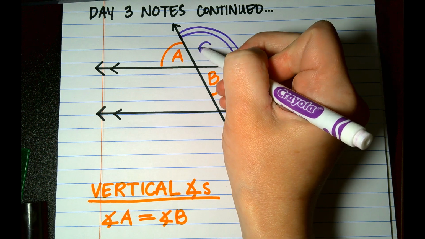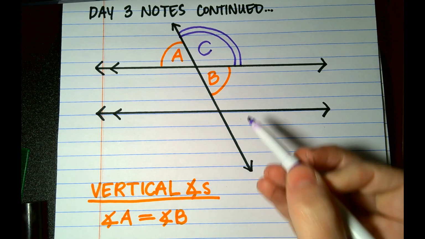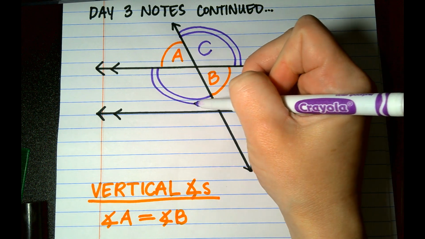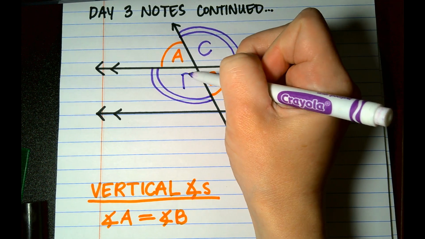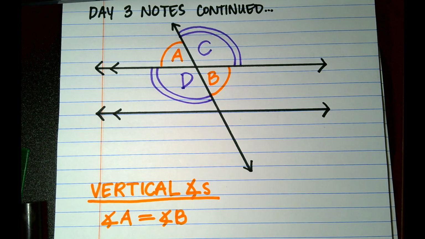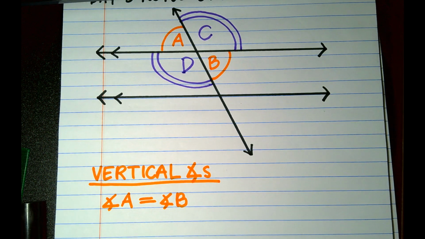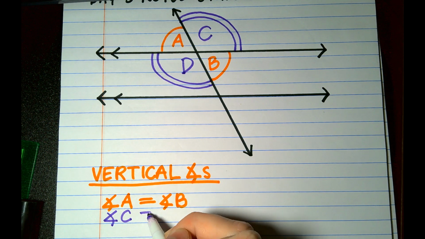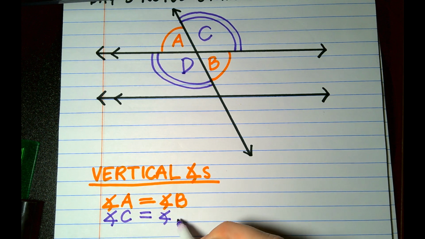We'll call this C. Call the other angle vertical to it D. These angles are also equal. They're vertical angles. So angle C equals angle D.